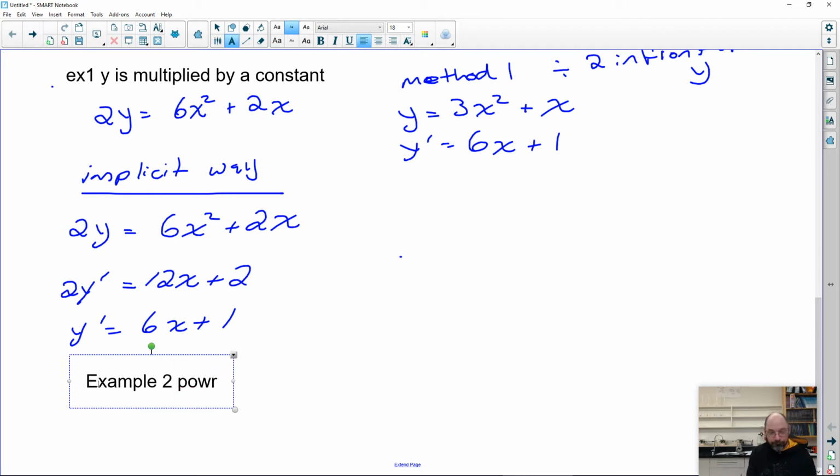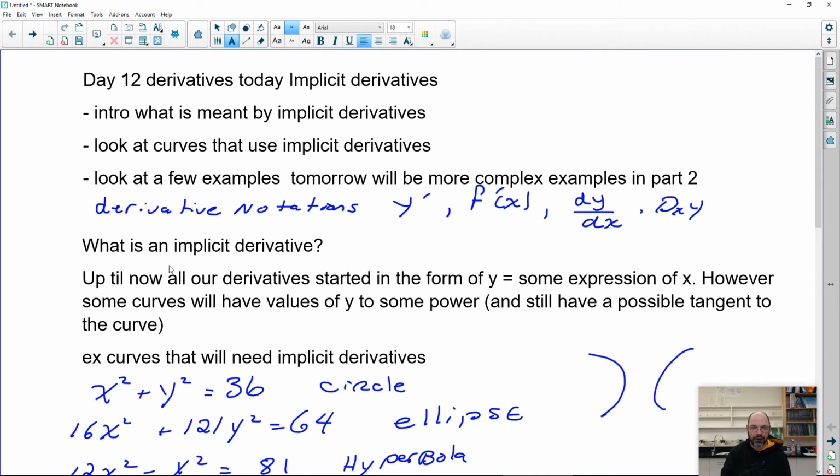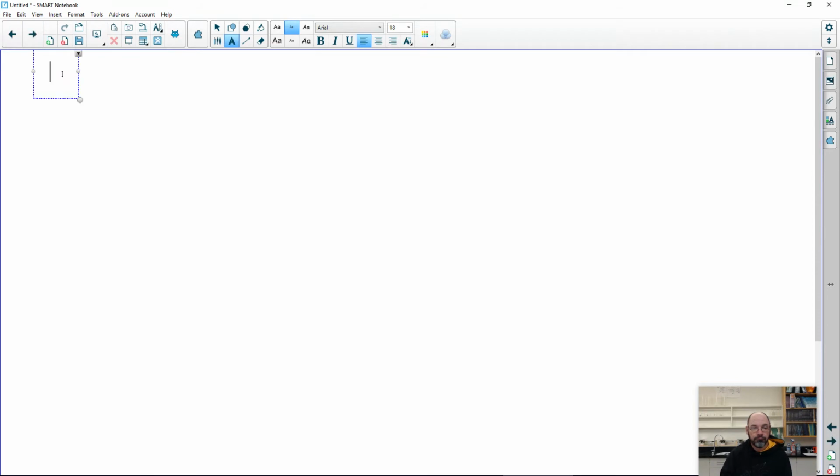Let's do a circle. I should probably put that on another page. Let's put this on the next page. All right, so example 2, with powers of y in the equation.